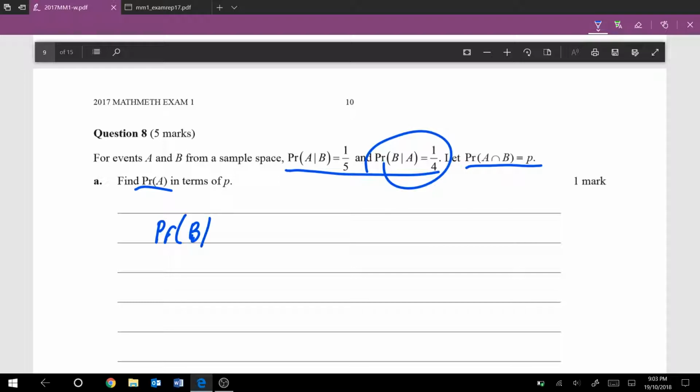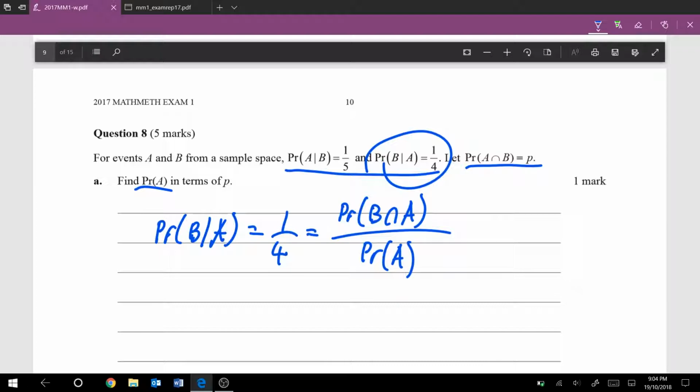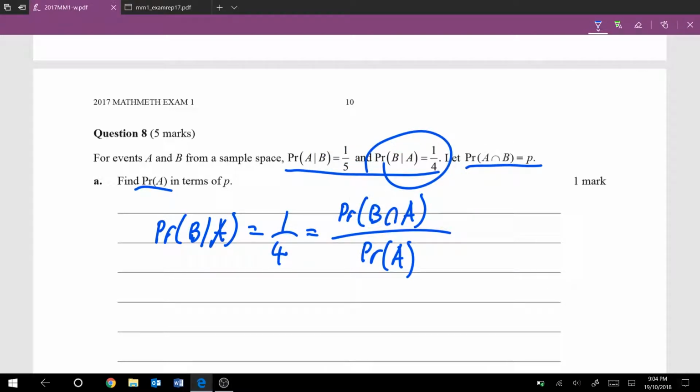of B given A is a quarter, and using the formula sheet, it's the probability of B and A all over the probability of A. Now, B and A is the same as A and B, so these probabilities are the same.